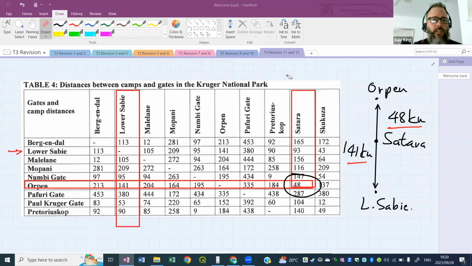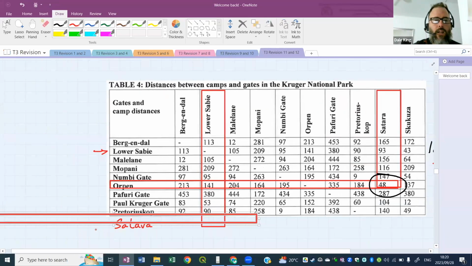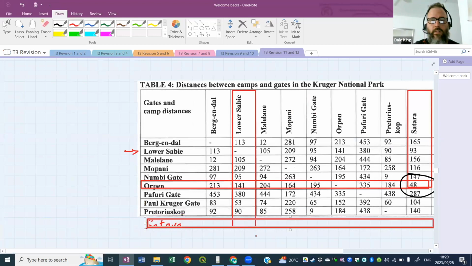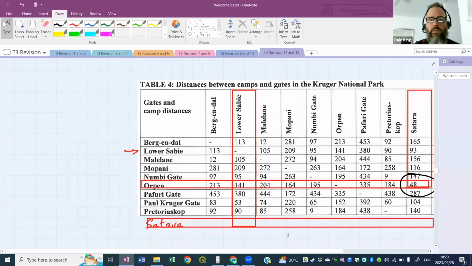You see, the easiest way to do this would be if we had Satara here on this table. I promise you I didn't cut the table short. If we had Satara here and we had some kind of distance for Satara, for example, it would be 141 minus 48, so that's 93.